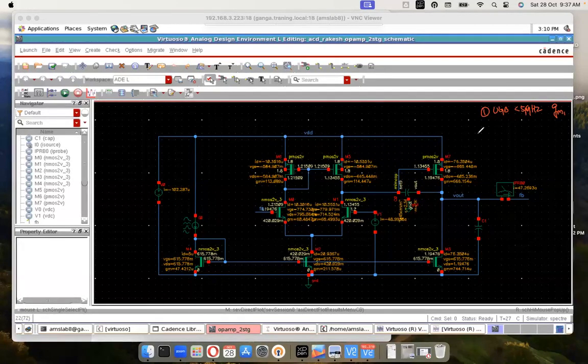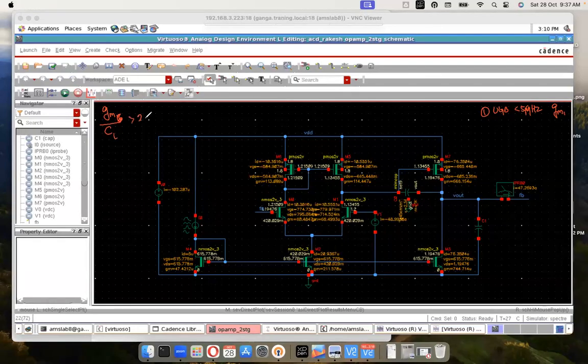Is it enough if only input GM improves? There was a clear-cut condition: GM6 by CL is the output pole.